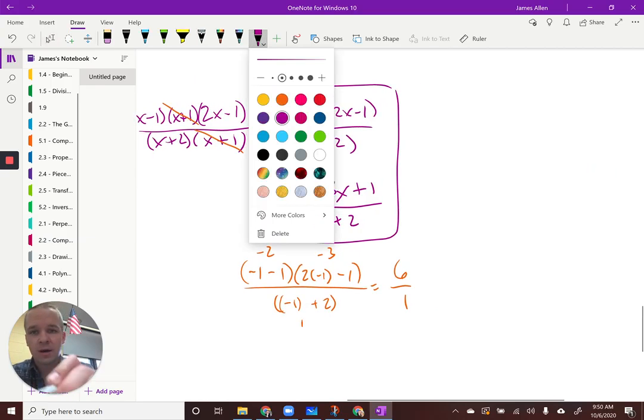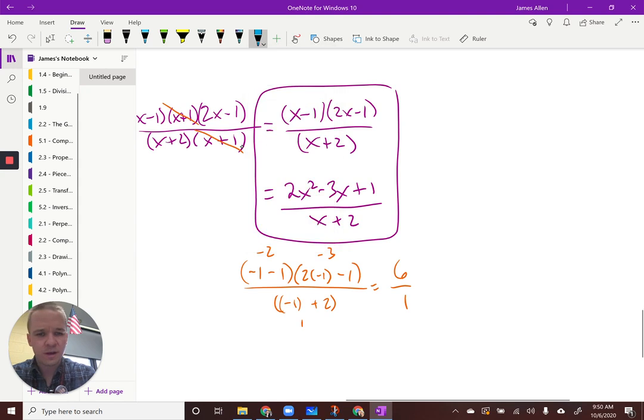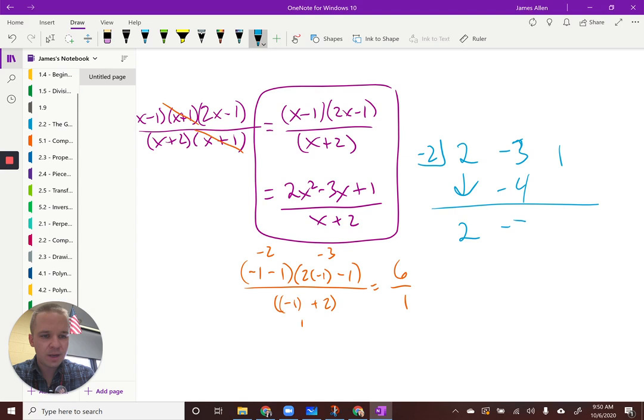I'm going to do some synthetic division, and I'll do this in another color just because that's fun. I'm going to throw negative 2 in the box, and then I've got 2, negative 3, and 1. I'll drop the 2, then I get negative 4, add them, I get negative 7, multiply, I get 14, so then my remainder is 15, which I really don't care about.